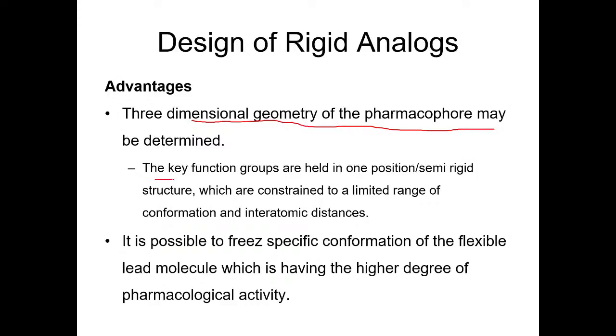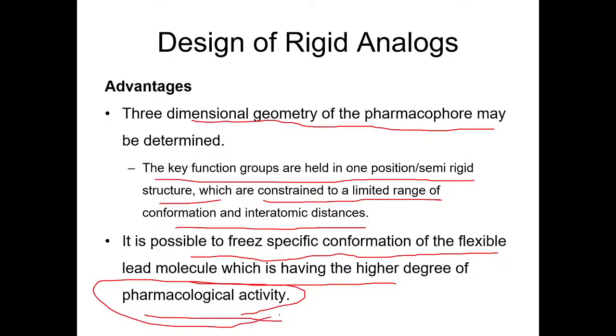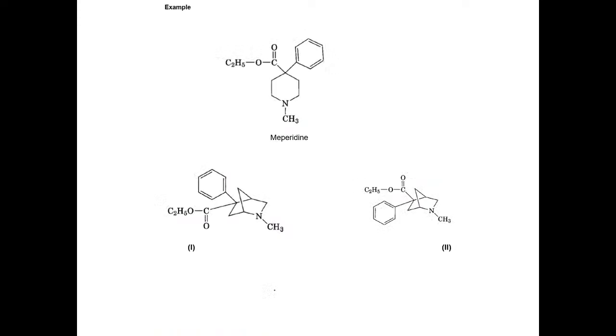The key functional groups are held in one position or in a semi-rigid structure, constrained to a limited range of conformations and interatomic distances. By this technique, it is possible to freeze a specific conformation of a flexible lead molecule that has a higher degree of pharmacological activity. This is the basic advantage of designing a rigid analog.